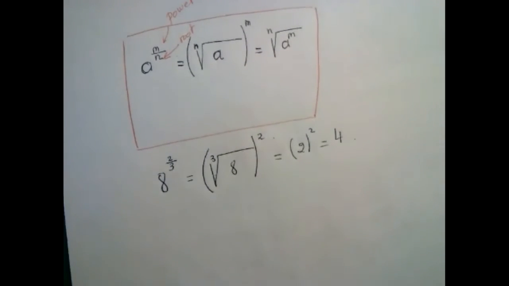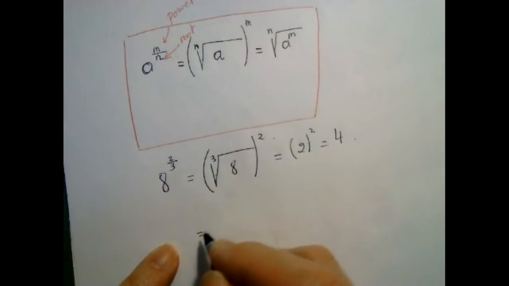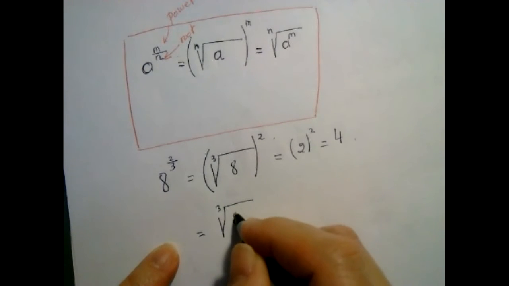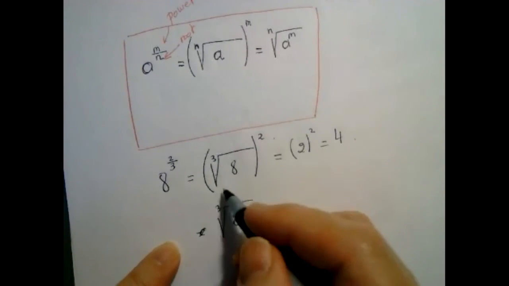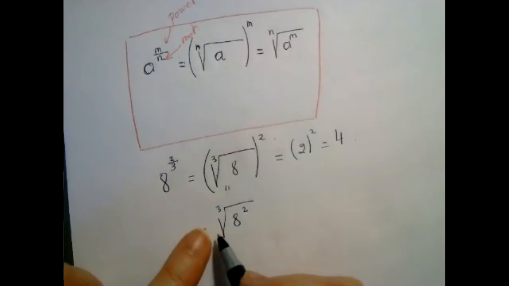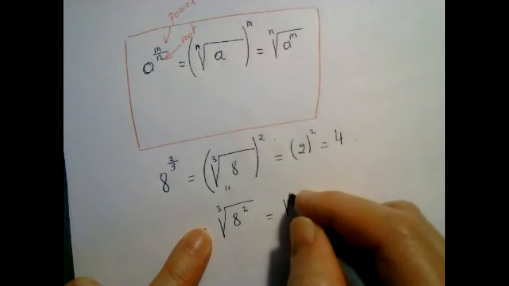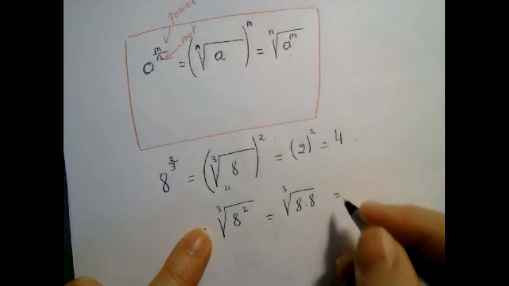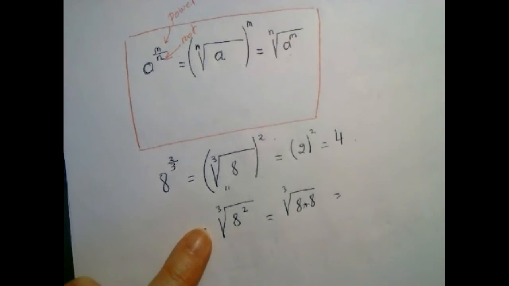Now, let me make a comment here. If I take the cubic root of 8 squared, it's exactly the same thing as that. That's why I put it both ways, because 8 squared is 8 times 8, and I just told you that we can break up the product.